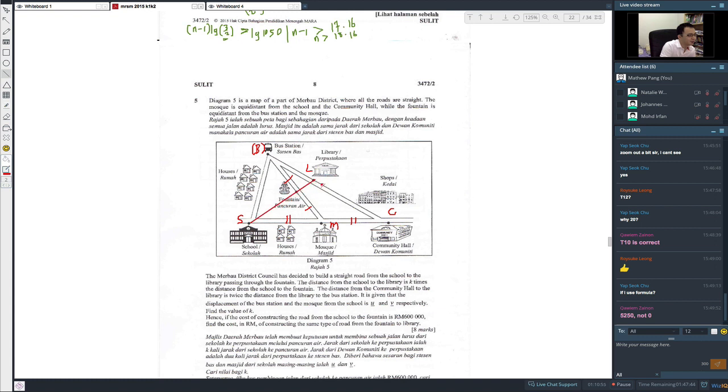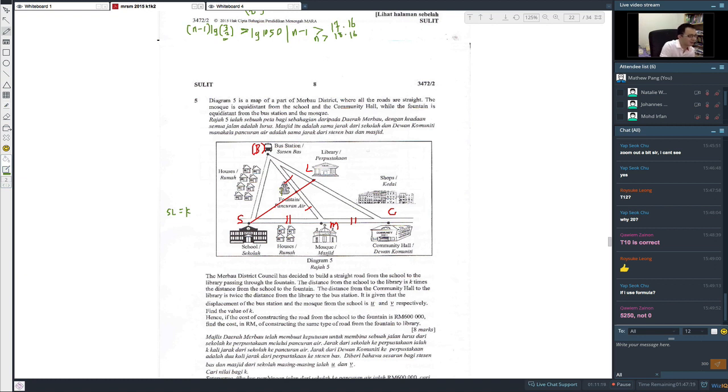So what you have over here is school to the library, which is SL, it will be k times school to the fountain, which I call F, SF. This is some information you have. I'm going to write it down also. So SL equals k times SF.